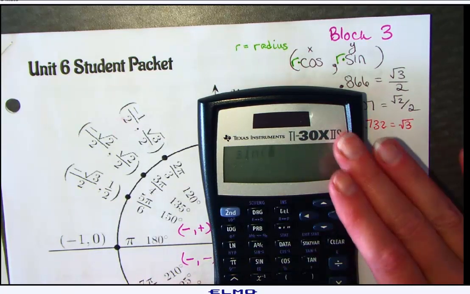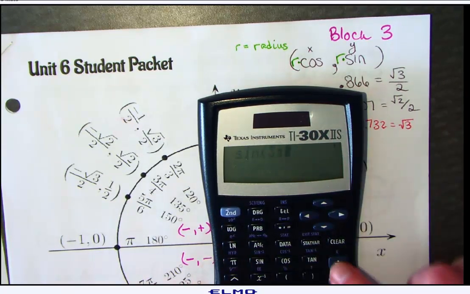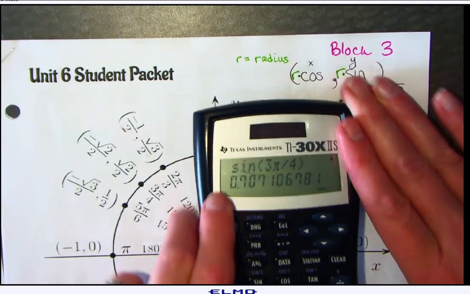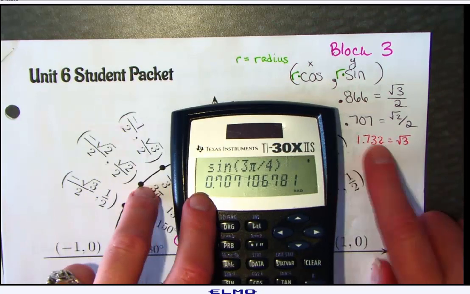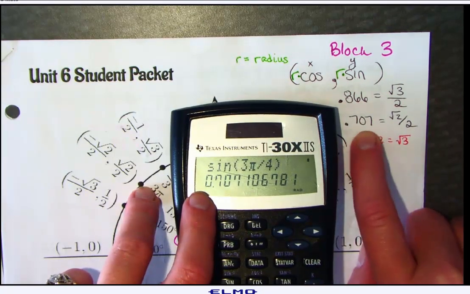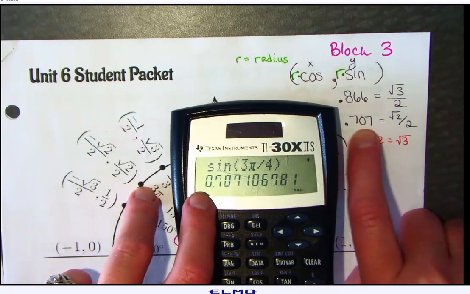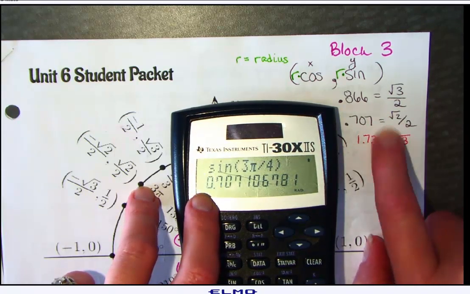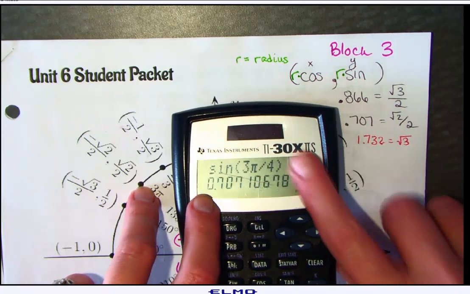Now it's going to give me a decimal, but we have written down here about our decimal equivalents that if our decimal shows up as 0.707, the exact value that represents that is this square root 2 over 2.